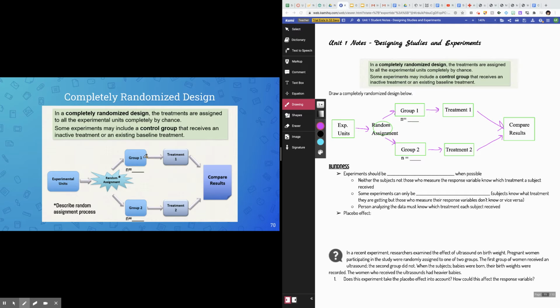So rather than just having group 1 and group 2, there could be a third, group 3, where they don't have a treatment, but they would have no treatment. Right? That's your control group.